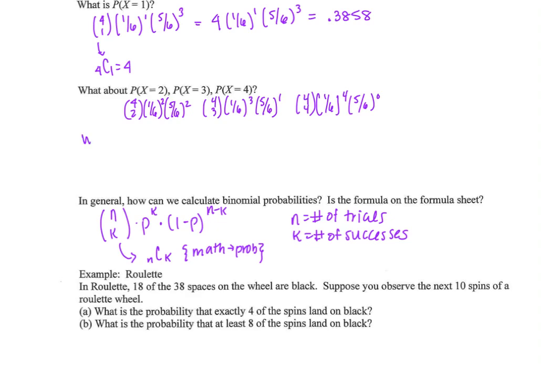Now, what if I wanted to know the probability that it's less than or equal to 3? Well, I would have to do the probability that it equals 0 plus the probability that it equals 1 plus the probability that it equals 2 plus the probability that it equals 3, which is tedious.